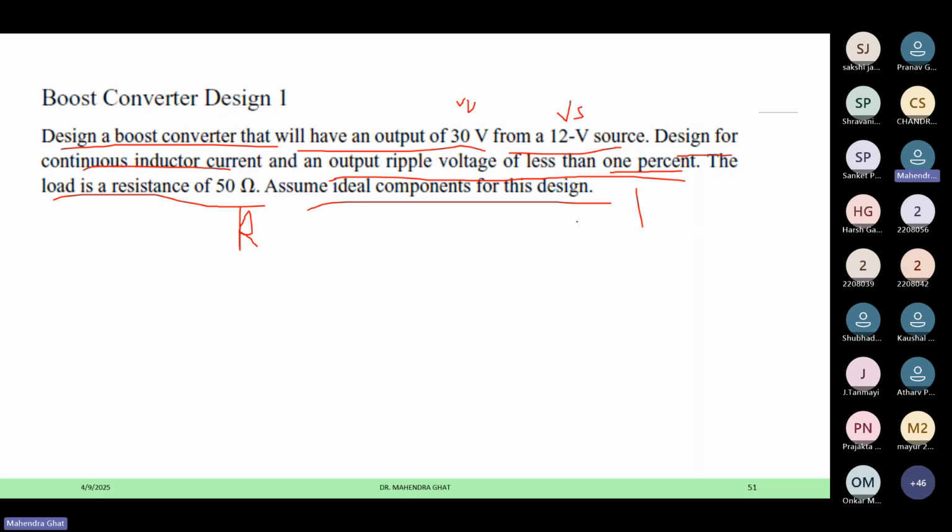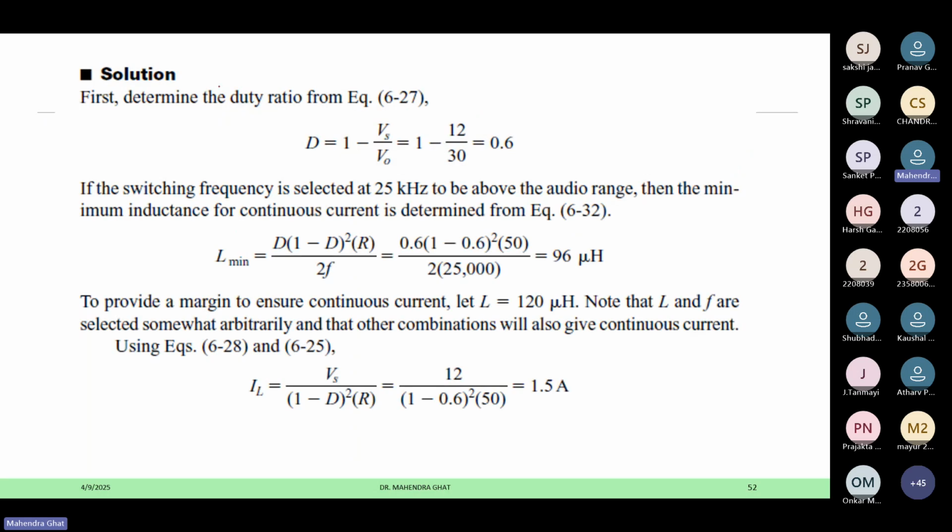So from this, if we want to design the boost converter, first we can calculate the D. D is nothing but 1 minus Vs by VO, because VO is equal to Vs divided by 1 minus D. If we simplify it, you will get this equation.